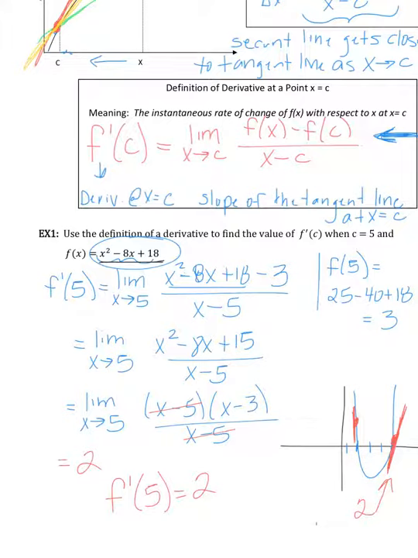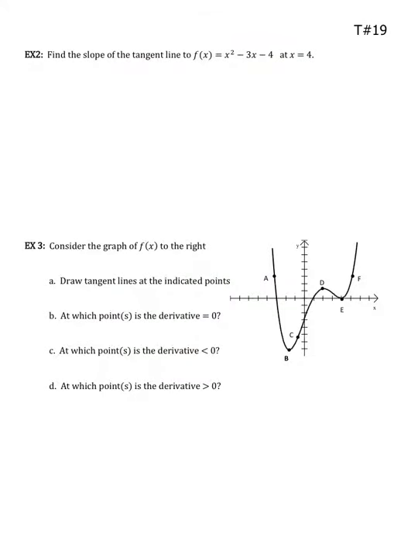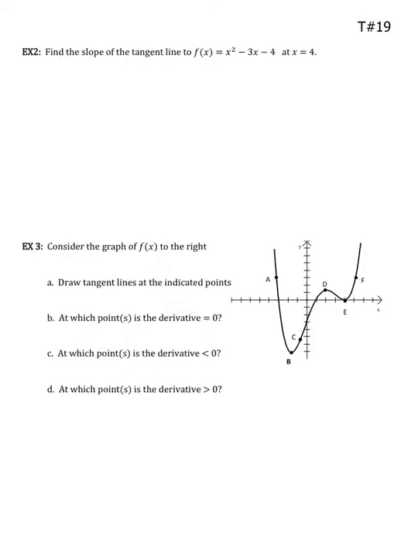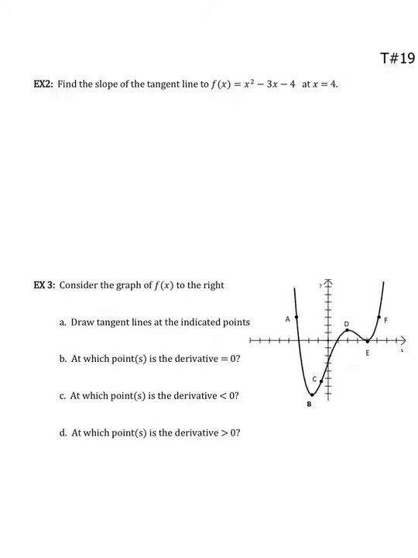Okay? Let's let you try the next one. It says, let's find the slope of the tangent line when x equals 4. So let's write down the model here.